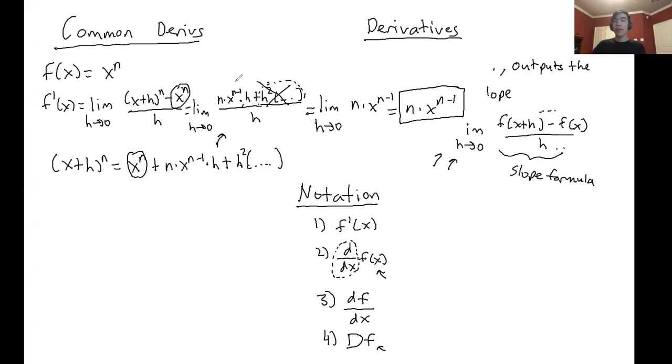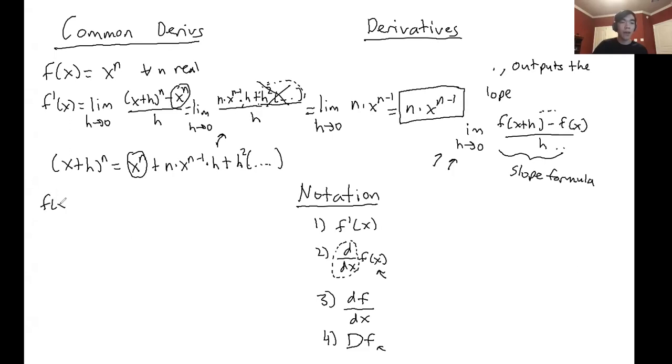It turns out that this works even if n is not an integer. This actually works for all n real. As long as n is a real number, you can apply this derivative formula to it. Let's give some examples.